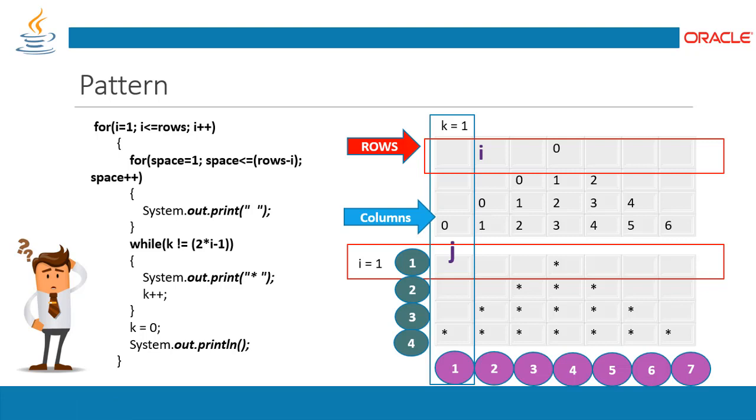Next step, we have to divide it into two sections. One is called row and another one is called column. The red square is the rows of the pattern, and the blue square is basically the columns.